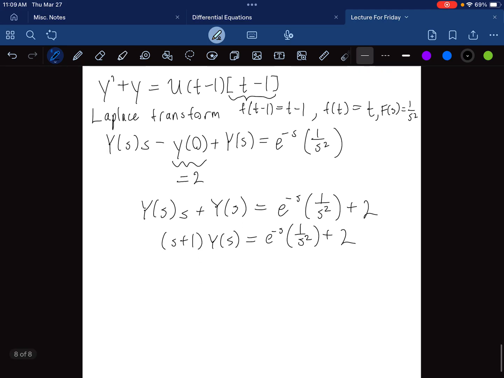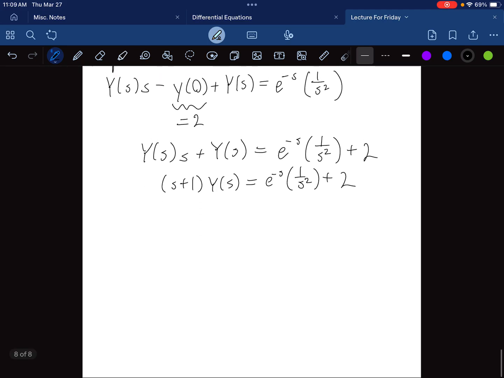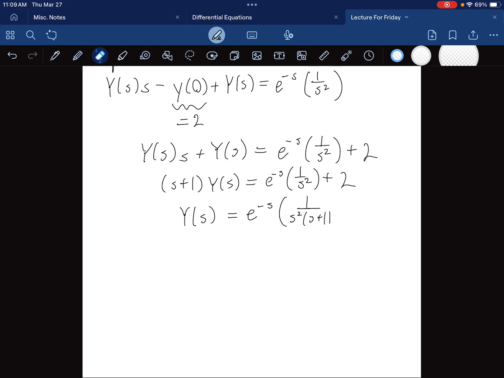And then we divide both sides by this s plus 1. So we're going to have e to the negative s, 1 over s squared times s plus 1, plus 2 over s plus 1.